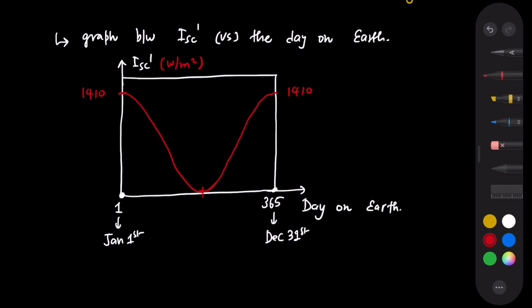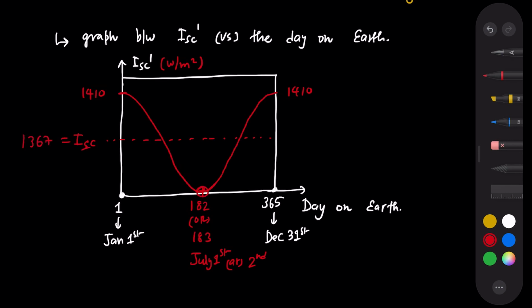Now the lowest value is approximately at the 183rd day, which is July 1st or 2nd. So at that time, the value of ISC dash is minimum, and this line represents the mean value, or ISC, which is known as the solar constant, 1367.